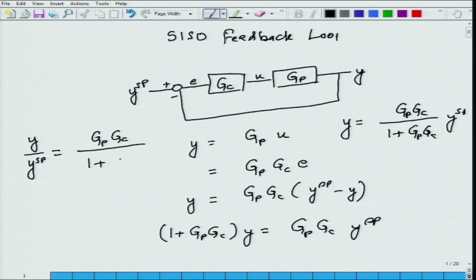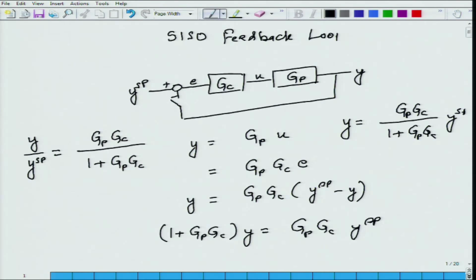Therefore, the servo transfer function of the output with respect to a change in the set point is equal to Gp Gc divided by 1 plus Gp Gc. If you look at it carefully, if the feedback loop was not on, that means if this loop was broken, like a switch there which is not connected, then the change in y with respect to a change in y set point is actually Gc Gp, right.